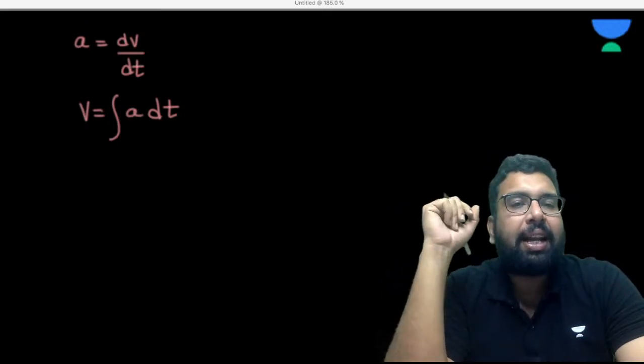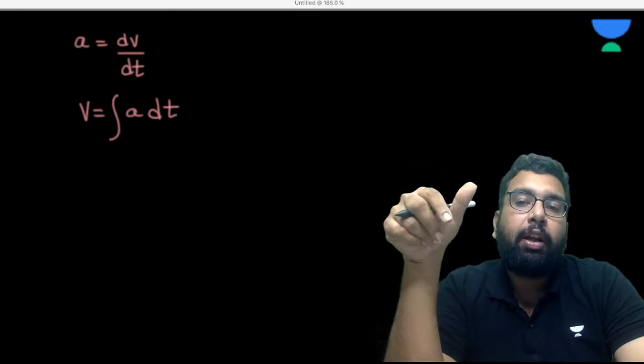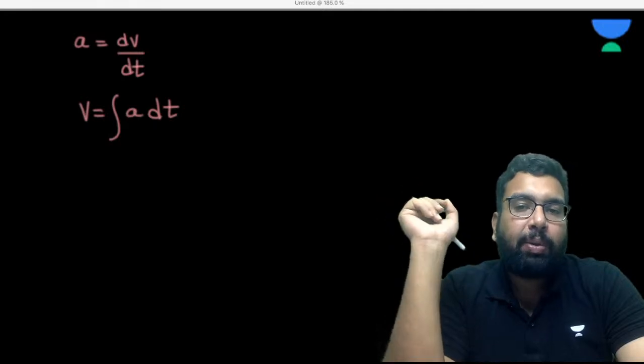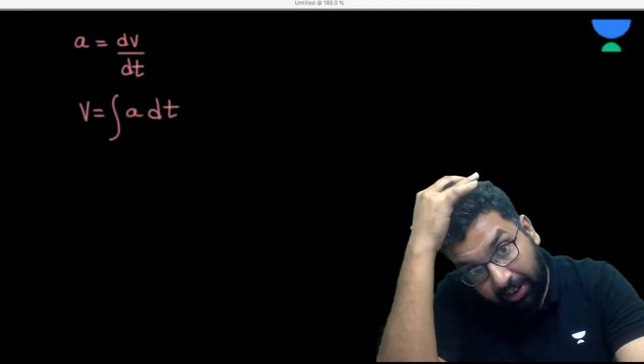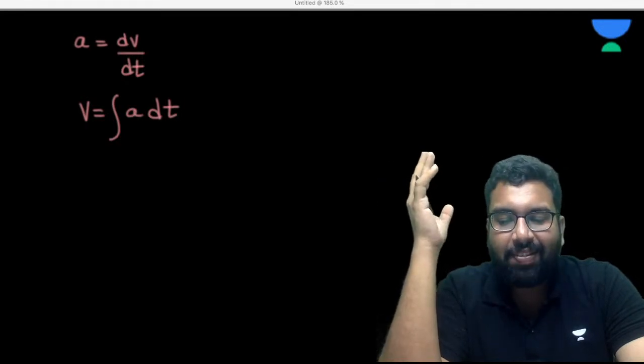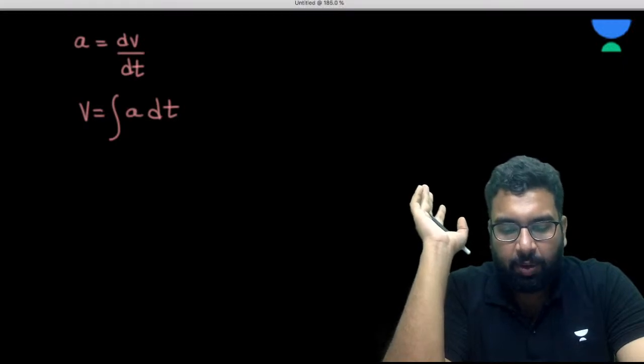When velocity is differentiated, we get acceleration. When the velocity is integrated, we get displacement. Similarly, when acceleration is integrated, we get the velocity.